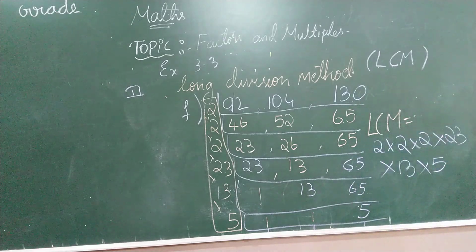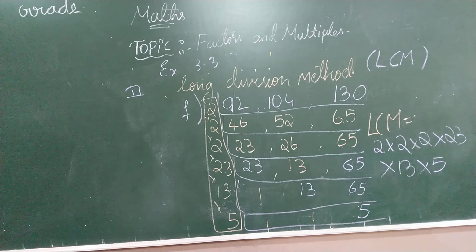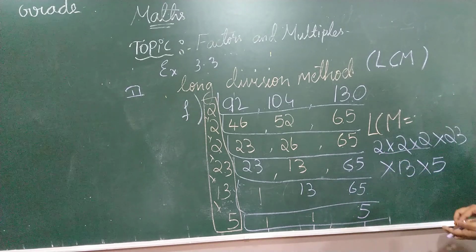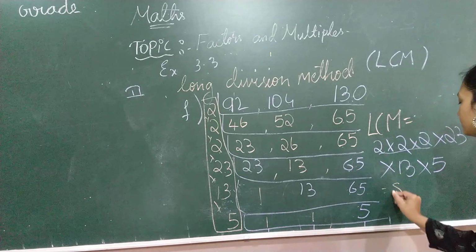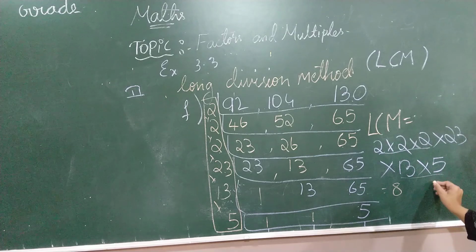2 2s are 4, 4 2s are 8. So multiply this, you get 8. 13 into 5 is 65.